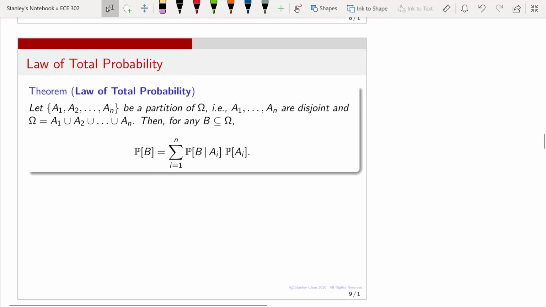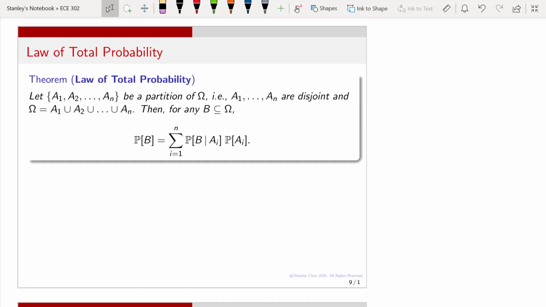Now I'm going to introduce you to another very useful result. It's called the law of total probability. The notation might be a little bit complicated, but the concept is actually very, very simple. So assume that we have events A1 through AN, and they form a partition of the sample space. Let me remind you what a partition is. Suppose you have a sample space.